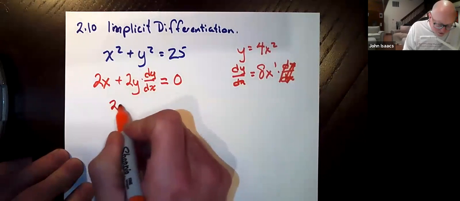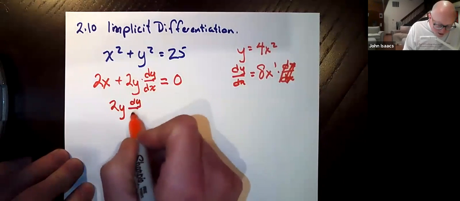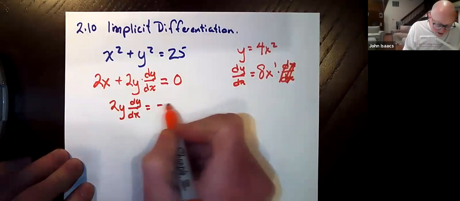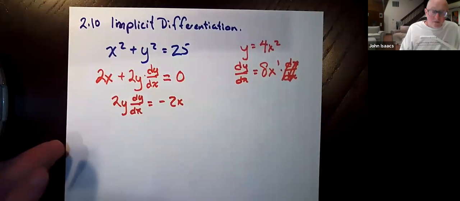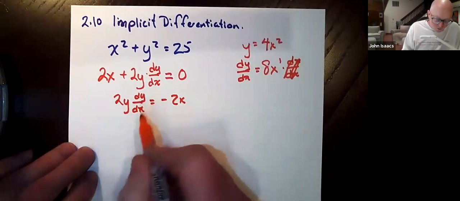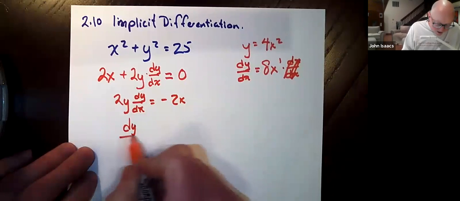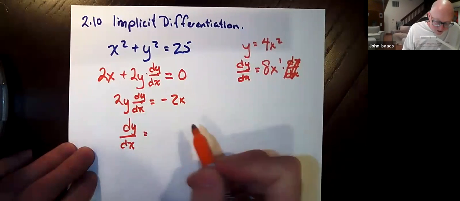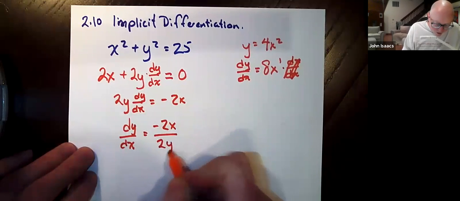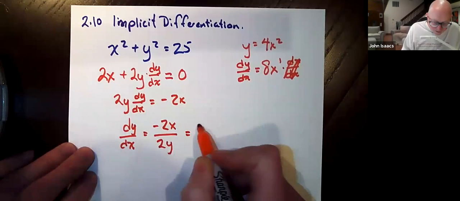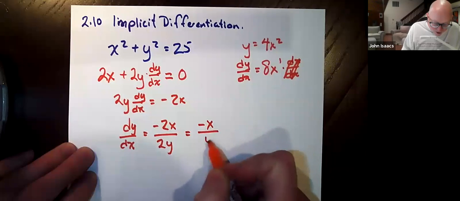And we wind up with 2y dy dx equals negative 2x. Well, looks like we can divide by 2. In fact, we can divide by 2y. Let's divide by 2y. So we wind up getting dy dx, which is what we're looking for, is equal to negative 2x over 2y. Well, the 2's cancel and we wind up with negative x over y.